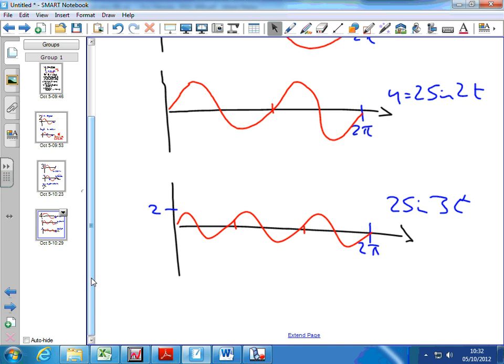So what would this point be here? 2 pi over 3, because 2 pi is the whole period. So this would be 2 pi over 3. Okay?